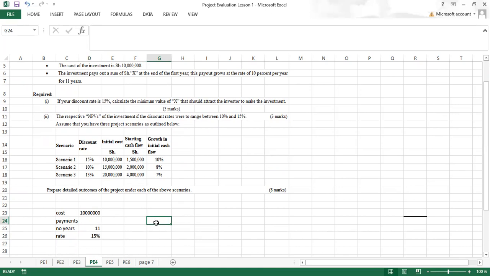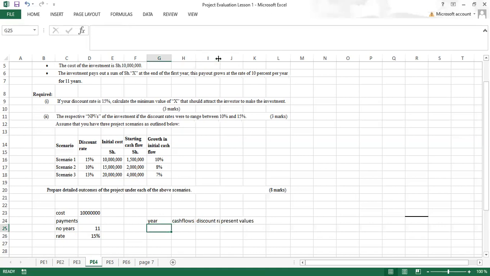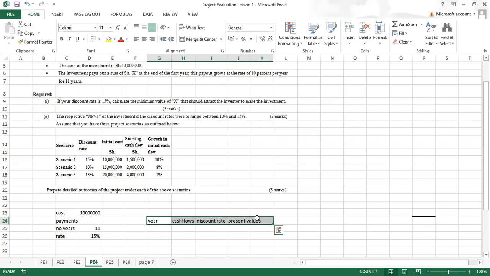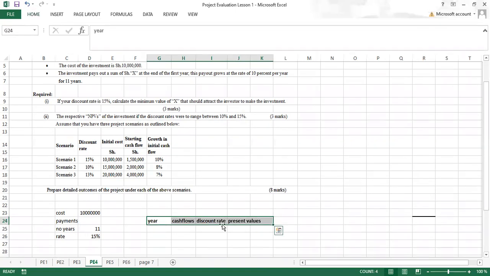As we did that, cash flow, discount rate, and the present values. Alt HBH and Control B to bold them.